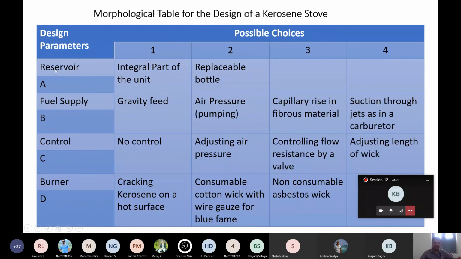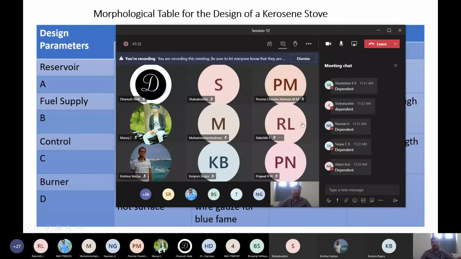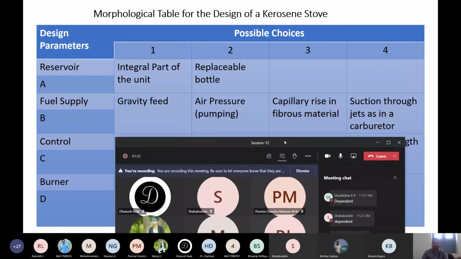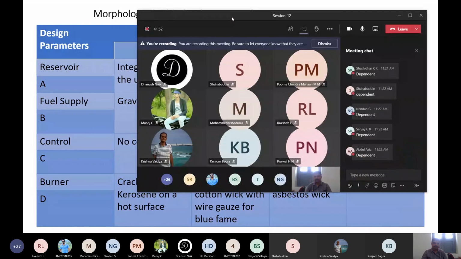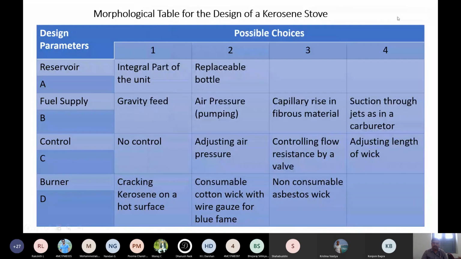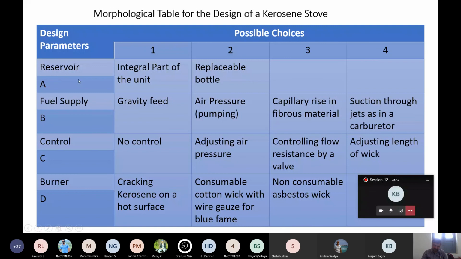Next, you consider the reservoir and fuel supply. These two parameters, reservoir and fuel supply, whether they are dependent or independent. So these two are independent.